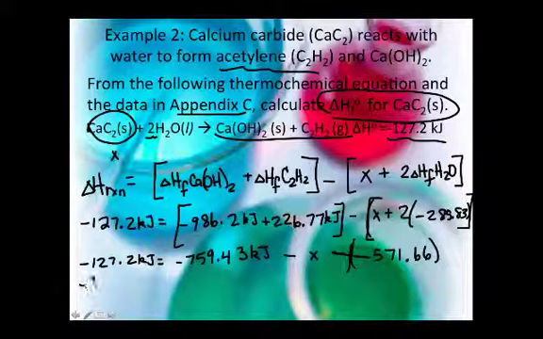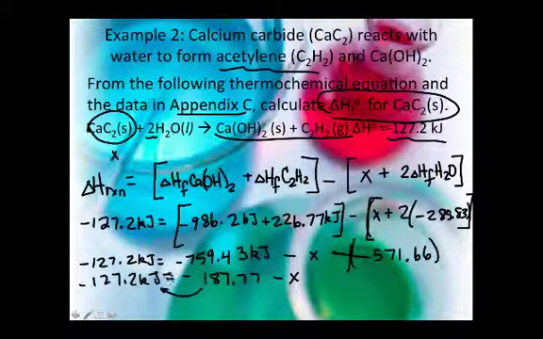So that gives us minus 127.2 kilojoules equals negative 187.77 minus x. So now take this across and change its sign. And we get a positive 60.57 is equal to a negative x.